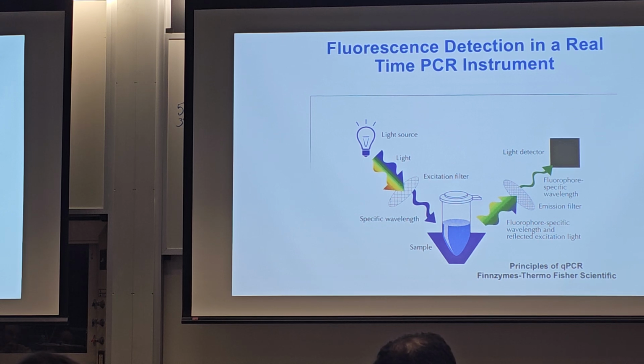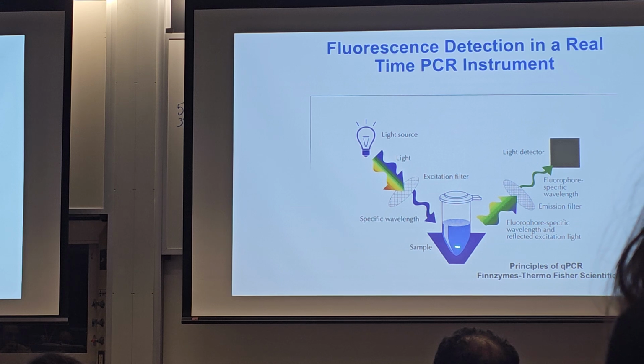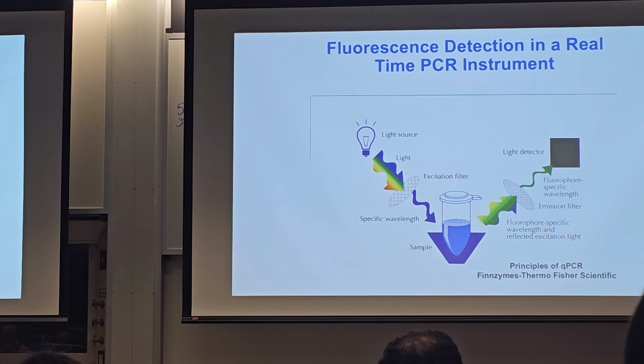So these 96 well plates have to be optically clear. These are special plates, and when the light excites your samples, your fluor emits light of a specific wavelength that is then picked up by a detector. So these instruments are pretty fancy because they have to focus light on each of the 96 wells and then has to read each of the 96 wells.